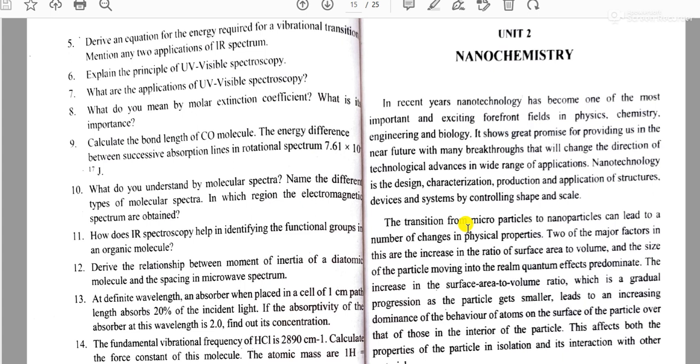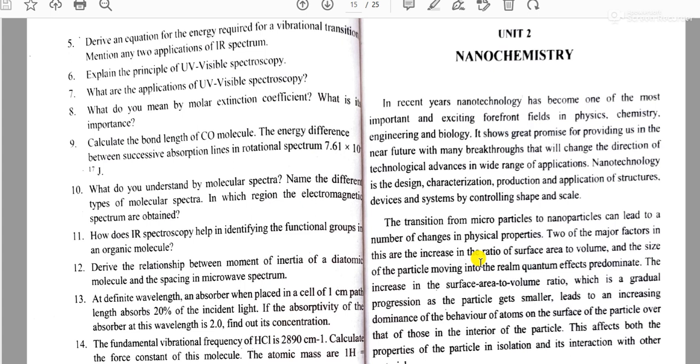Two important factors are there. The first one is that in these nanomaterials there is an increase in the ratio of surface area to volume. So when the material is reduced to a nano dimension, more atoms are present on the surface rather than inside the bulk of the material.